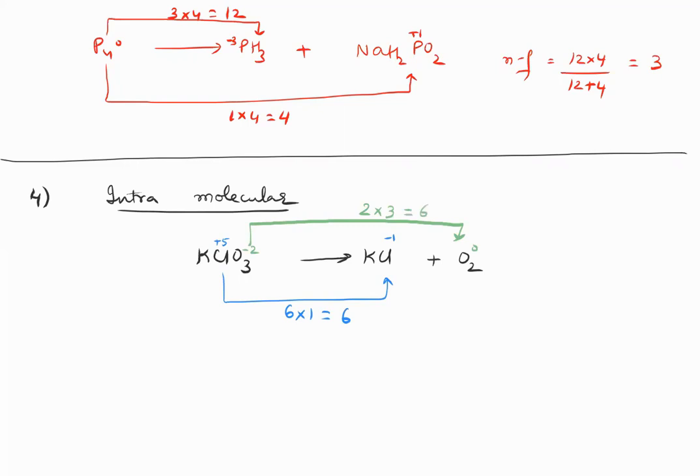Any method, your N factor is coming out to be 6. So therefore, for intramolecular reactions, N factor is defined as either the N factor of the oxidized or the N factor of the reduced element. Okay, any one of them. So this is your entire calculation of N factor.